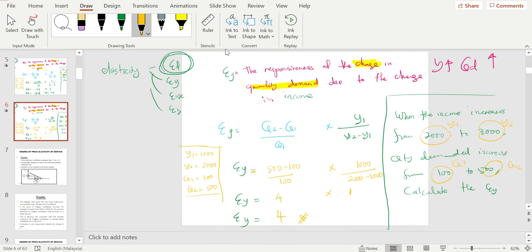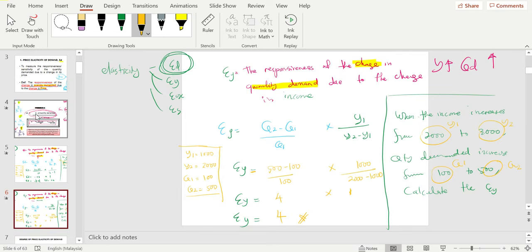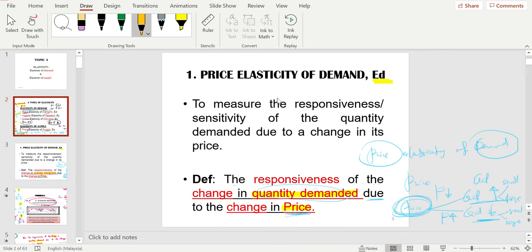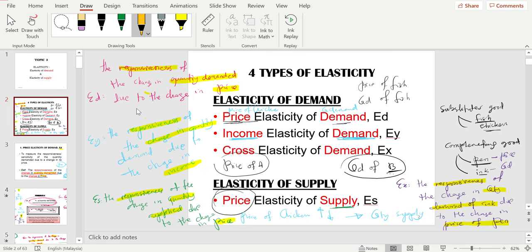Okay, so for this particular part, I will explain the definitions. Make sure you know how to define. This is all the definitions for ED, EY, ES, EX.